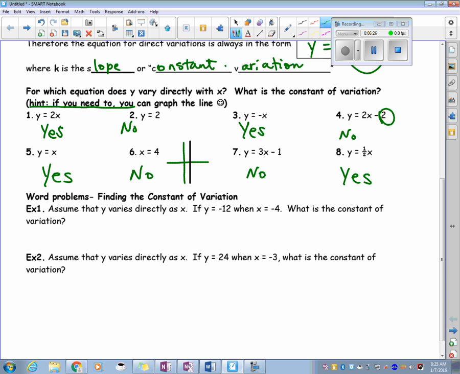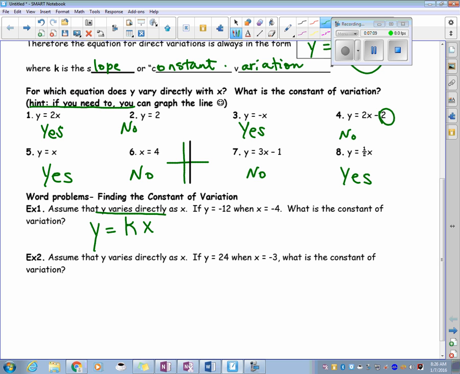The word problems are a little more difficult because a lot of people get lost in the wording, but let's not do that. Assume that we have a direct variation. When you see that word, you should say, okay, b has to be 0 so that it goes through the origin, and it has to be a line. If y equals -12 when x equals -4, we can calculate that, because remember, y equals some direct number times x, or y equals mx.